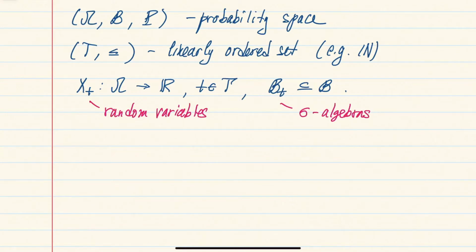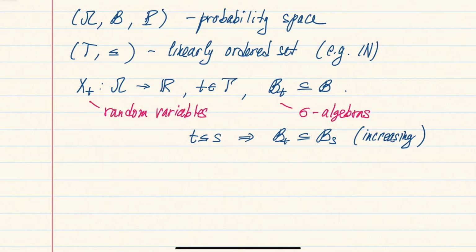Moreover, the sigma algebras will be increasing in the sense that if you take 2 indices t less than or equal to s, then the sigma algebra BT will be inside of BS. This family of sigma algebras will be increasing. In some places we will emphasize this, but by default everywhere in this chapter, when we talk about this family of sigma algebras, this increasing assumption is always there.